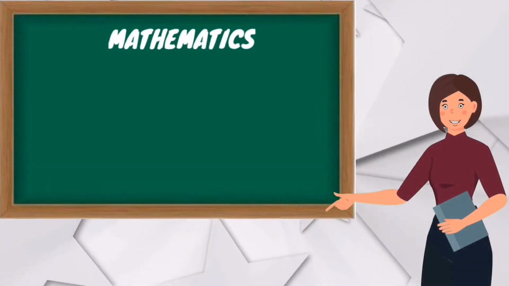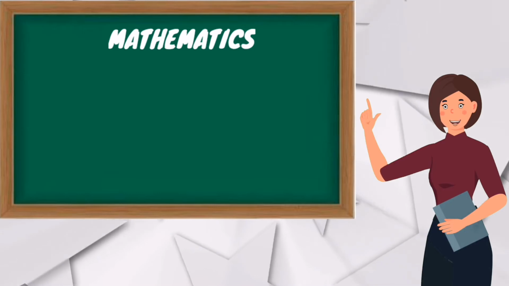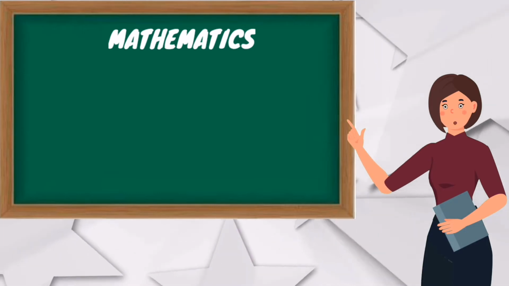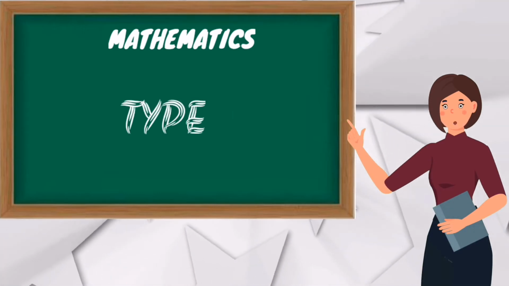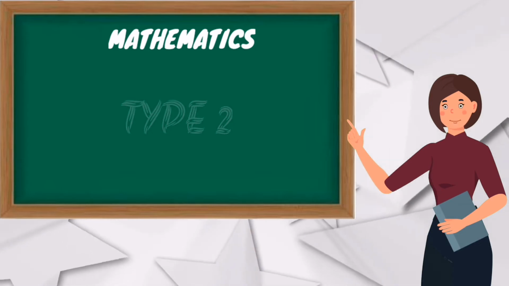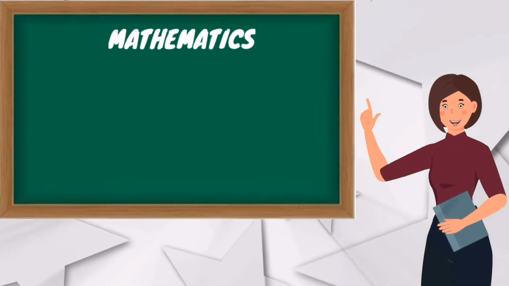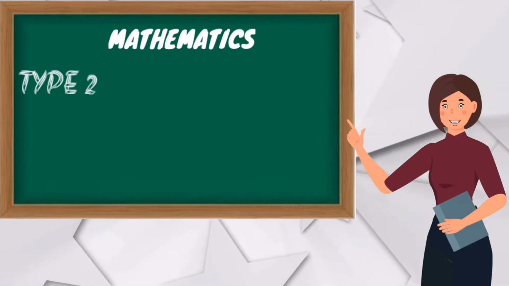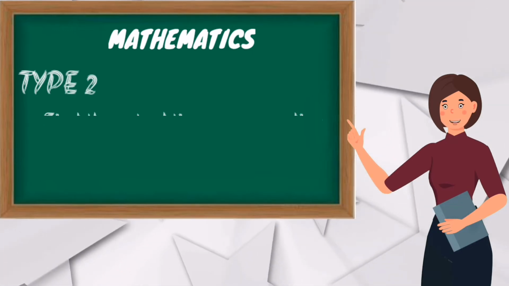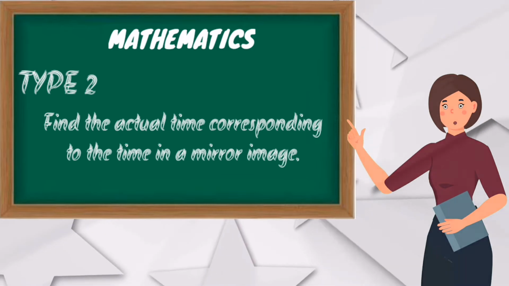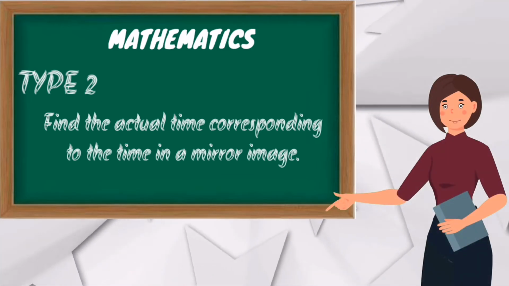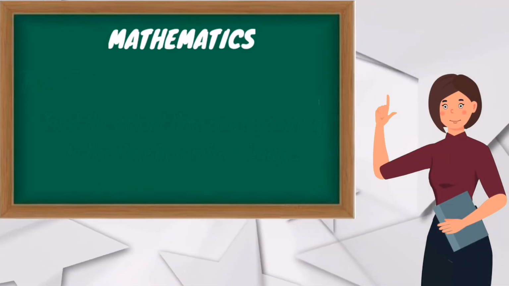The three problems that we have done till now were of the same pattern. Now let's solve a different type of problem. In this type, they will be giving us the mirror image of a clock showing a time and we will be asked to find the actual time. Before solving this, let's find a general solution.